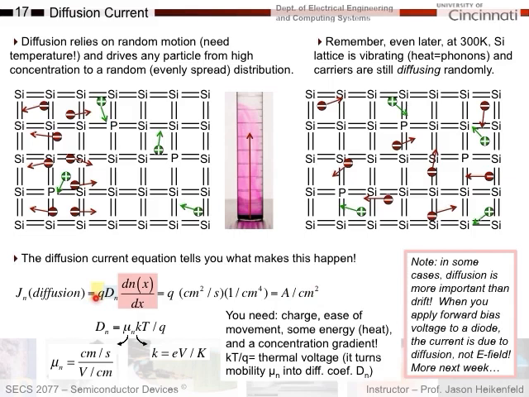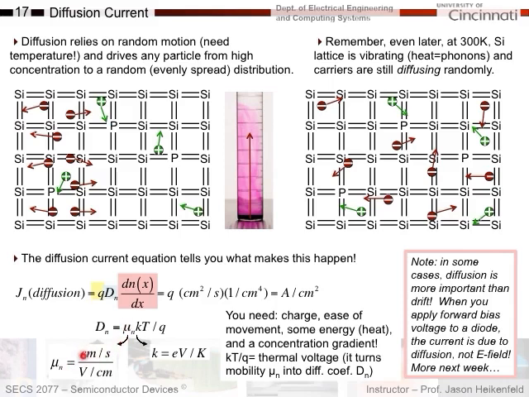The next thing I have is not mobility, but I have diffusion coefficient D sub n. Let's look at D sub n here. So what is D sub n? How's it calculated? Well, it is calculated by mu sub n, which is mobility, times kT over q. Mu sub n we talked about on the previous slide, that's mobility: how easy is it to move a carrier through a semiconductor with a voltage or with an E field applied?